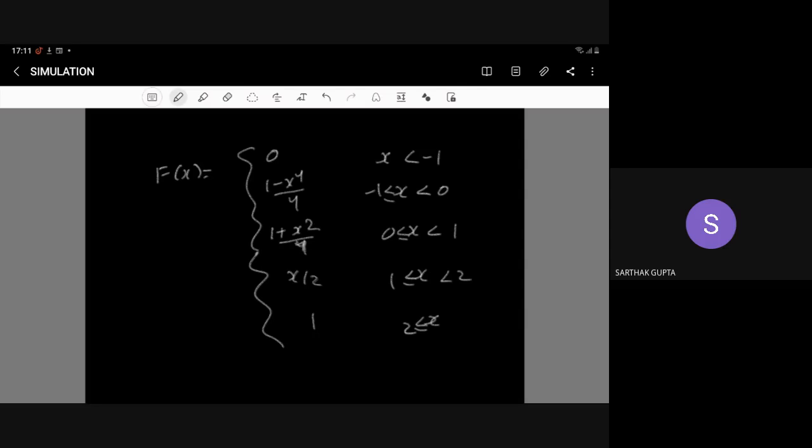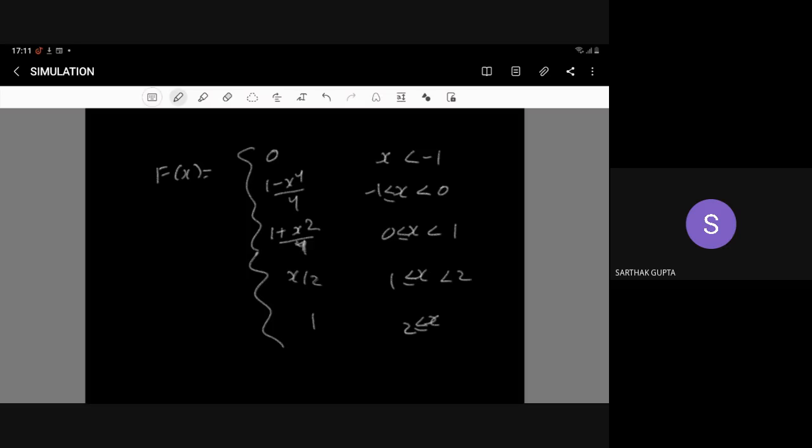At this place we have 1 by 4 for x equal to 0, and at this place we have 1 by 2. So here I have the constant 1 by 4, and here I have the constant 1 by 2, at the equal to point.